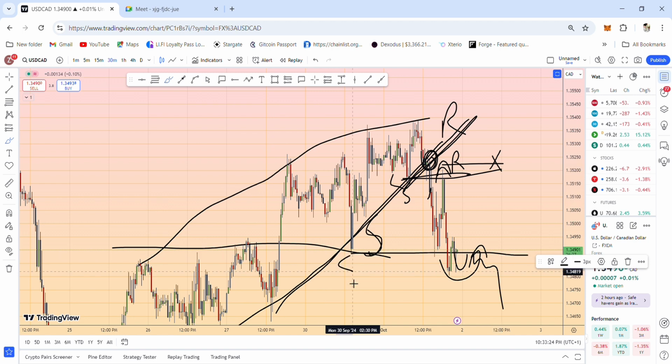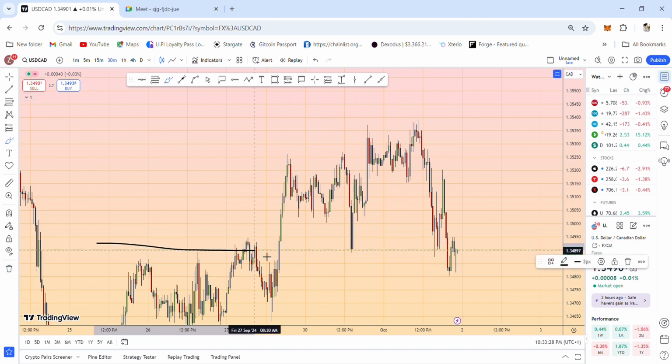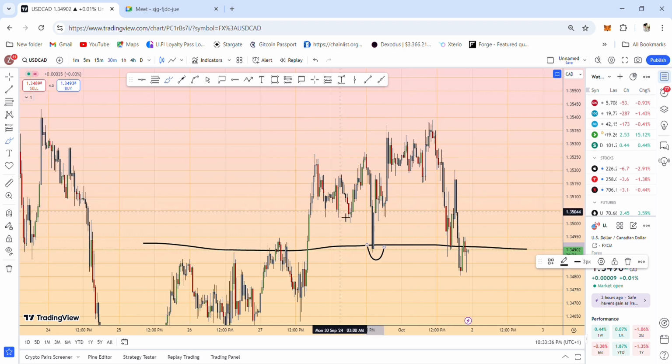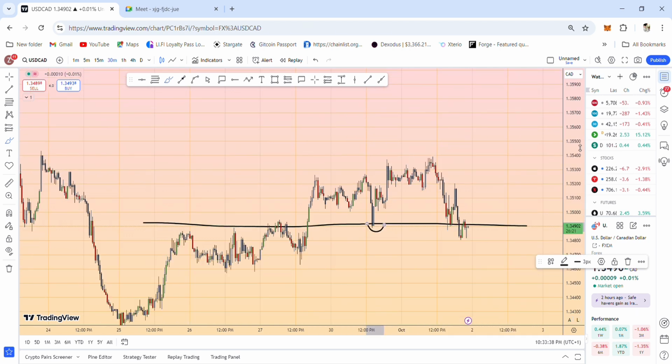Like this support area, this place, price came. If you're bullish to continue, you buy at the support area and sell at the resistance. Here is resistance, resistance, resistance; sell them down to support.